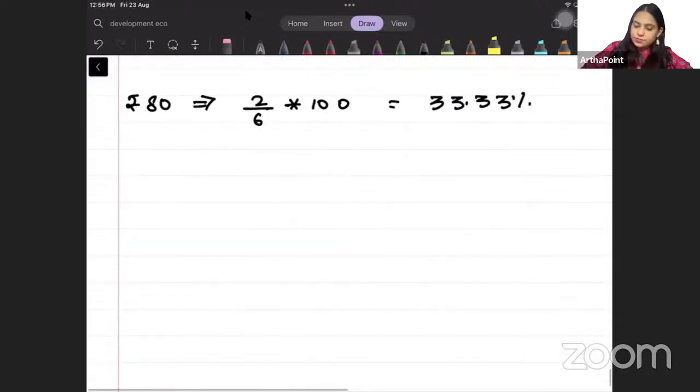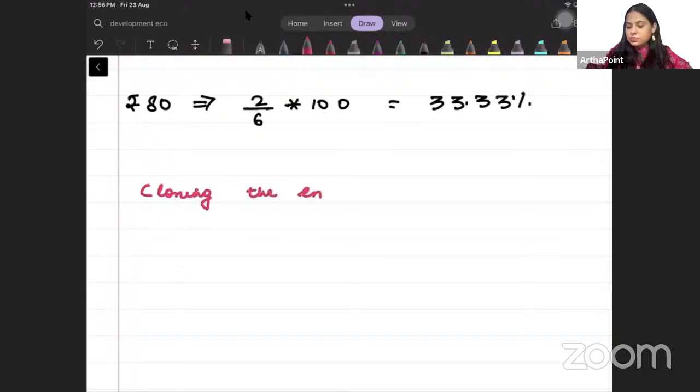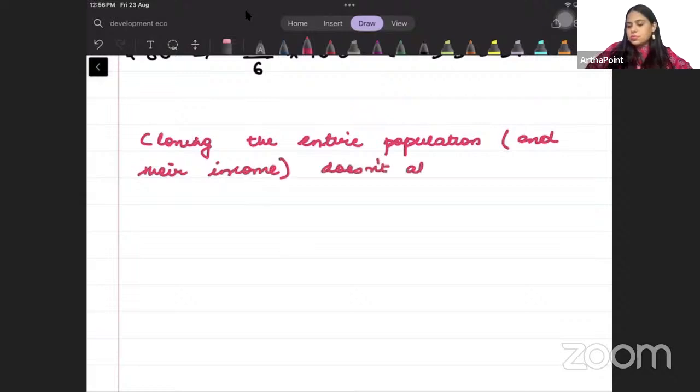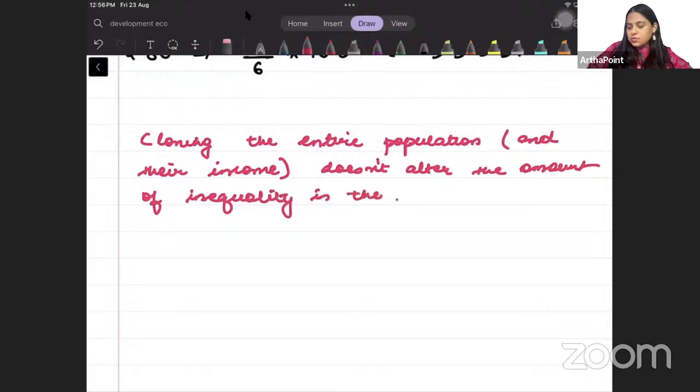So please write down: cloning the entire population and their income does not alter the amount of inequality in the economy. इससे inequality alter नहीं होती है.